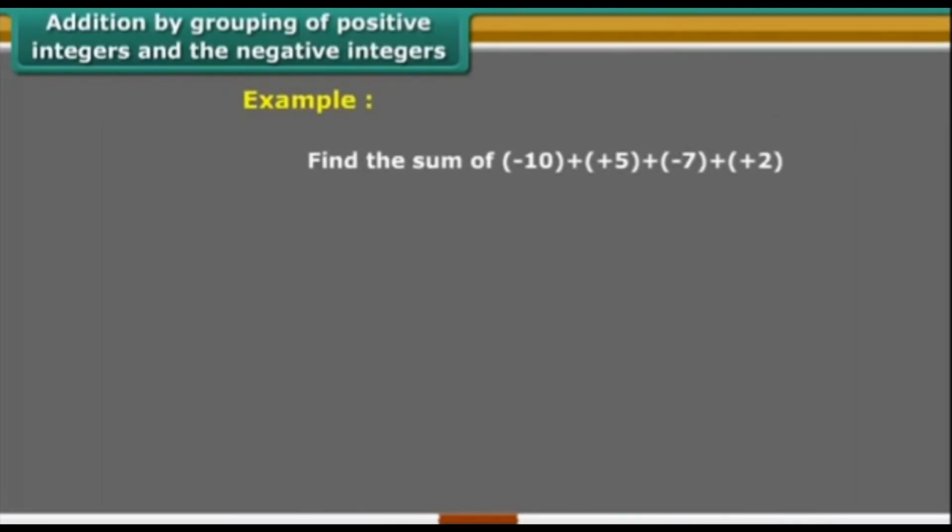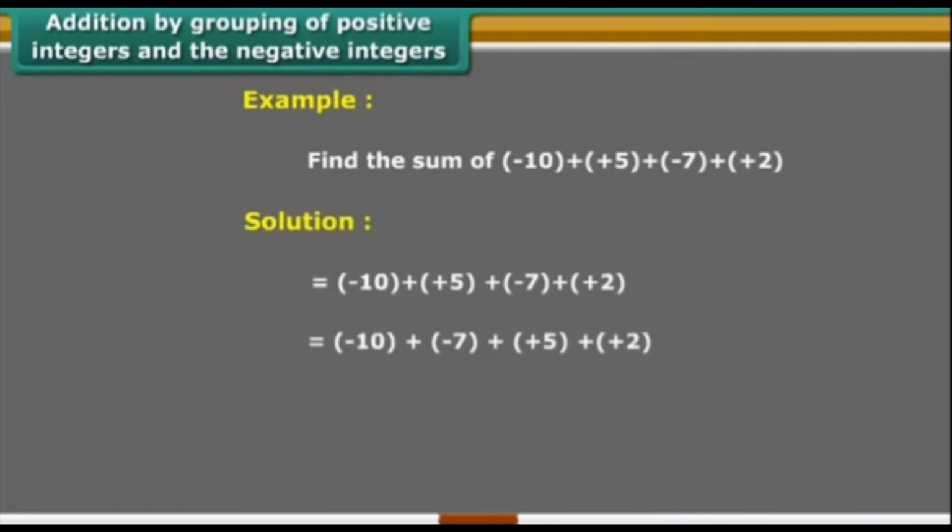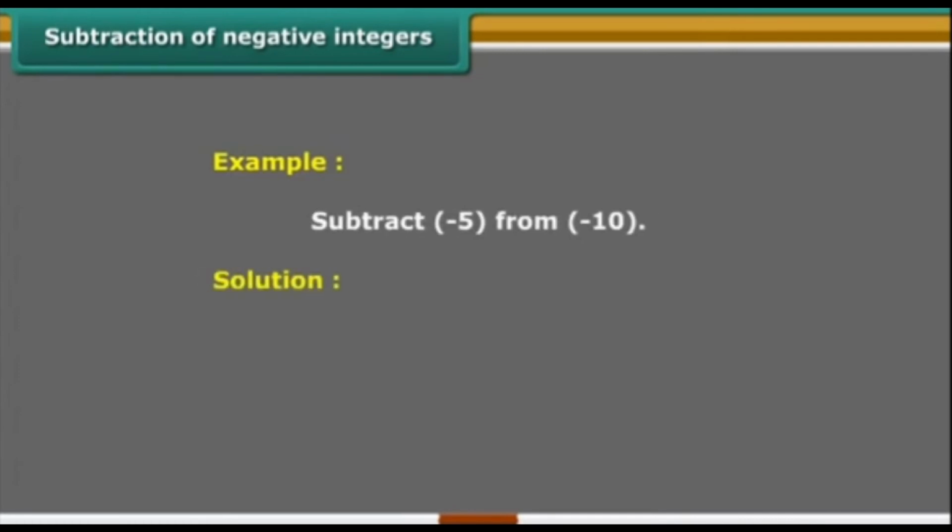For better understanding, we can solve one example. We arrange the numbers so that the positive integers and the negative integers are grouped together. Now let us find the value of -10 minus -5 using a number line.